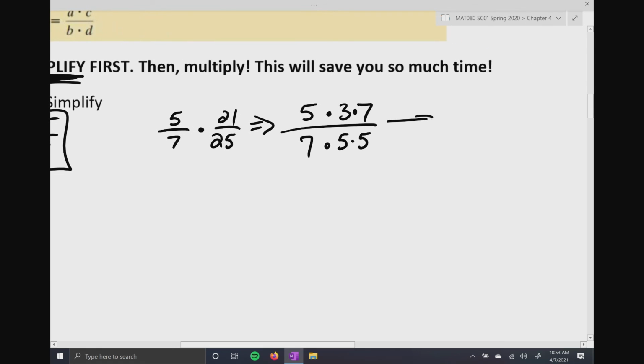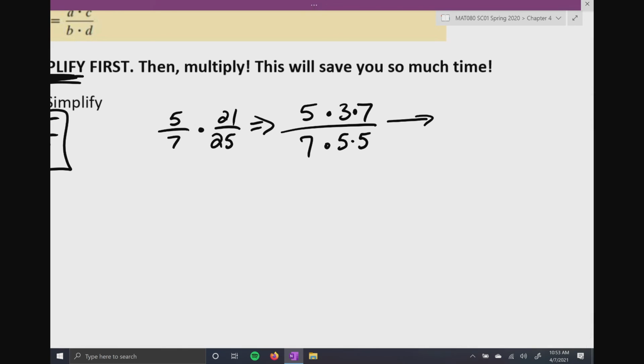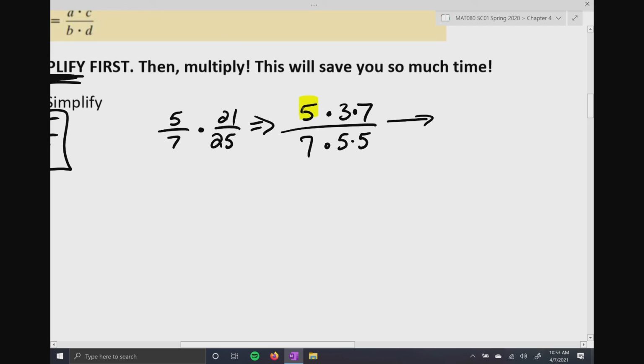Now, I'm going to look for numbers that are the same in the top and bottom. I'm going to look for numbers that are the same in the numerator and denominator. I'll highlight them for us. And the reason why I highlighted them is so I can write it like this.